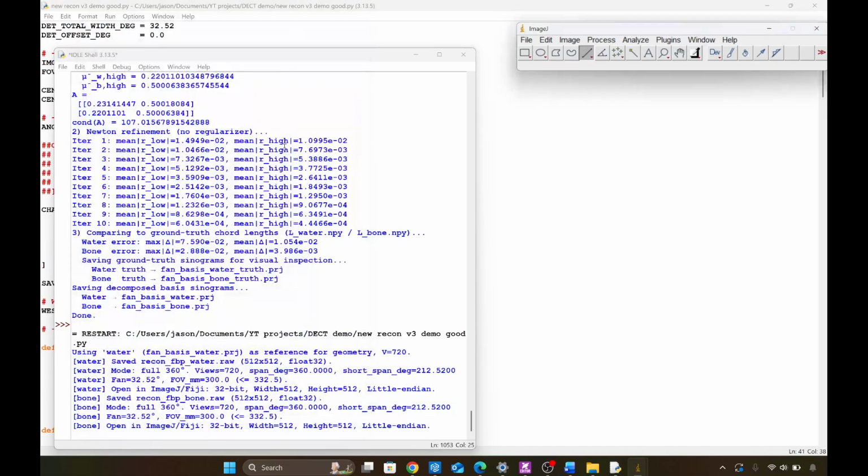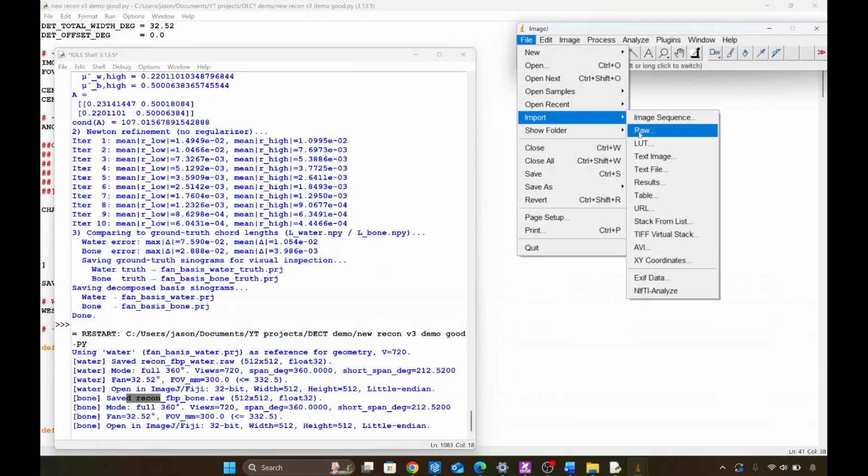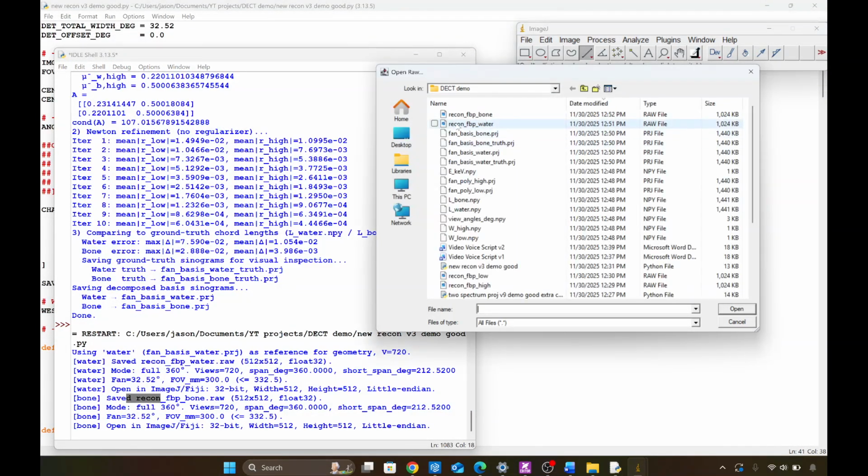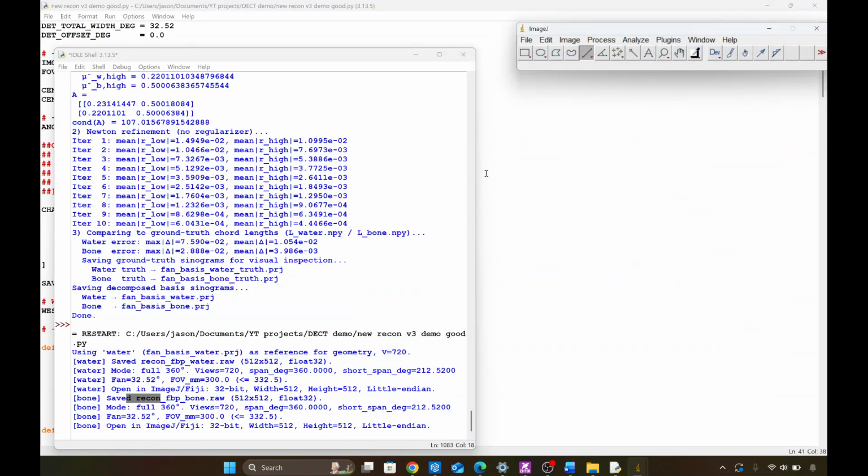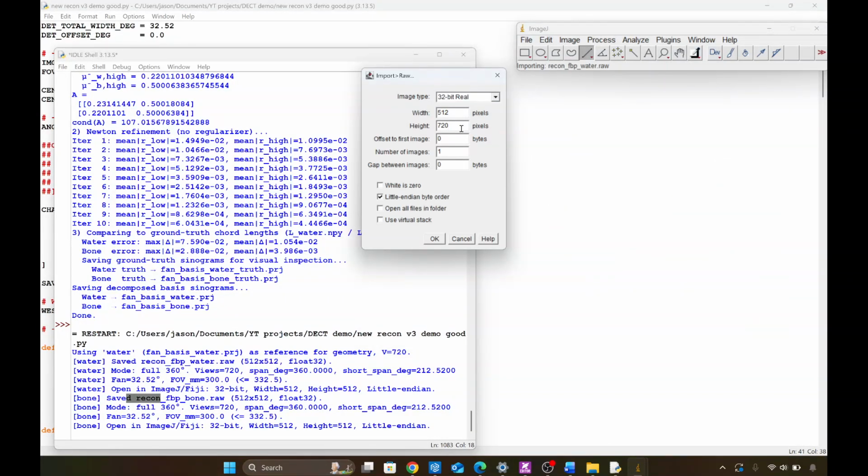And let's see, when the reconstruction is done, the water basis and the bone basis are done. And let's open them. So let's look at the water image. We reconstruct them to be 512 by 512 pixels.